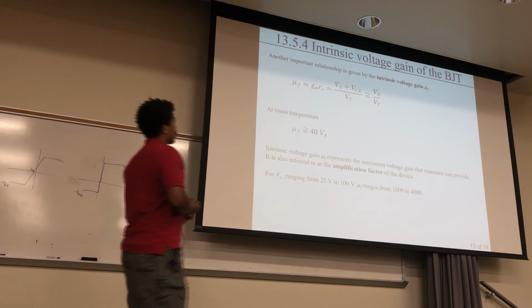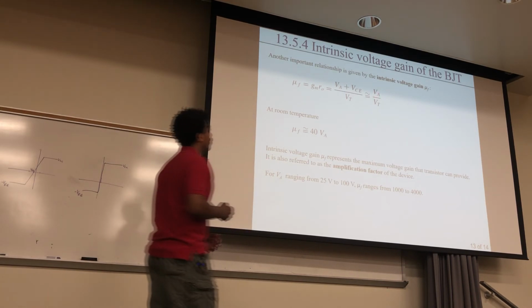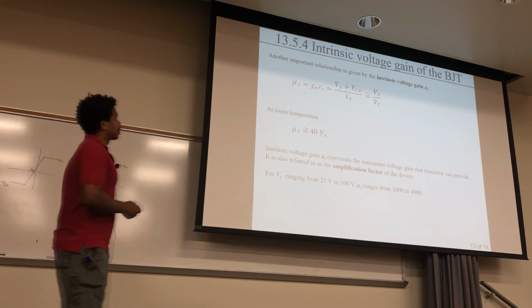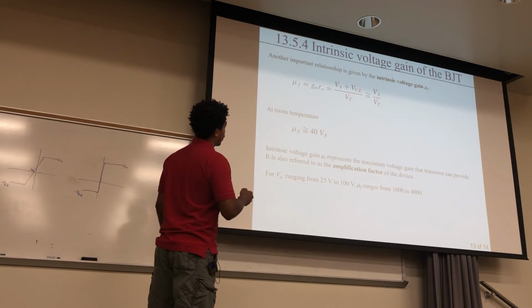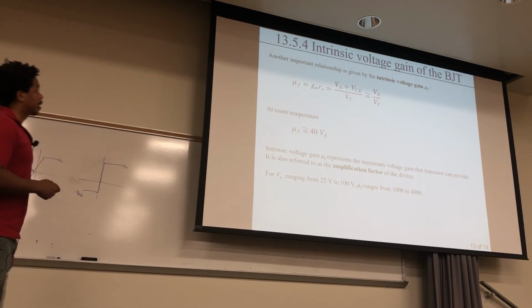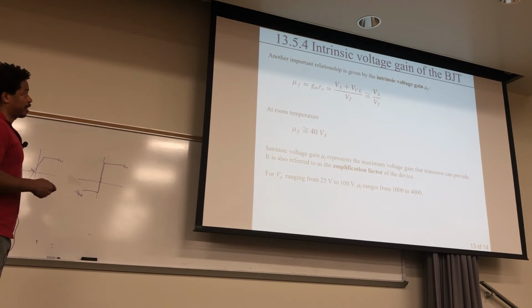Another important relationship is the intrinsic voltage gain, this mu f right here. Transconductance again pops up. It is equal to, if that voltage VCE is small, the early voltage over the thermal voltage. At room temperature, this intrinsic voltage gain is typically about 40 VA.